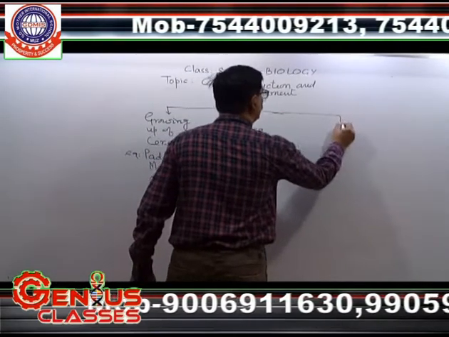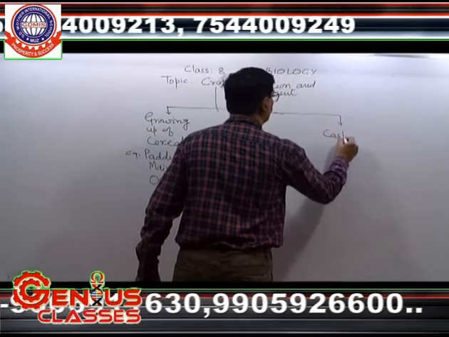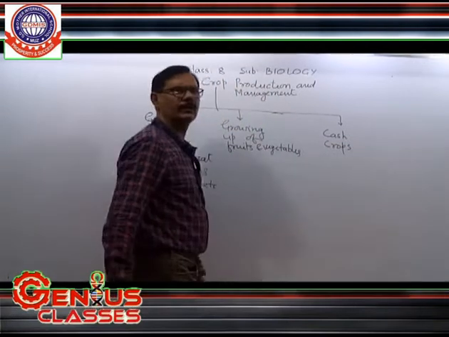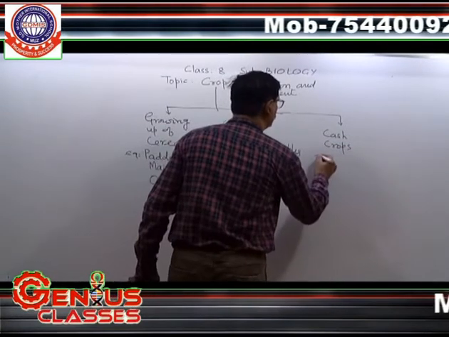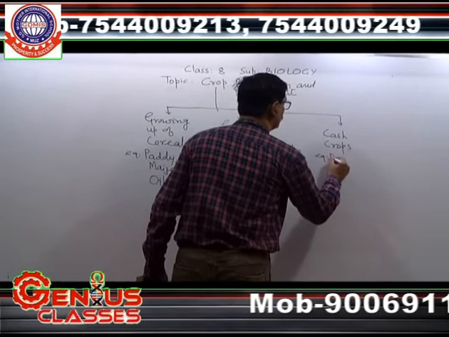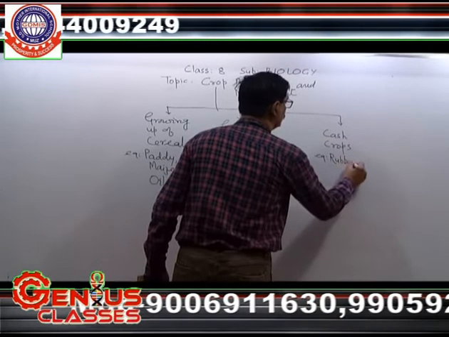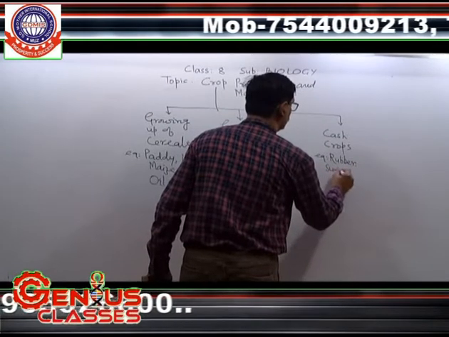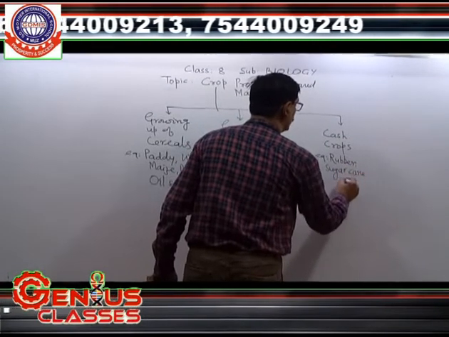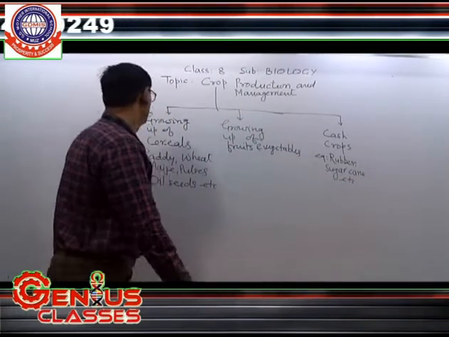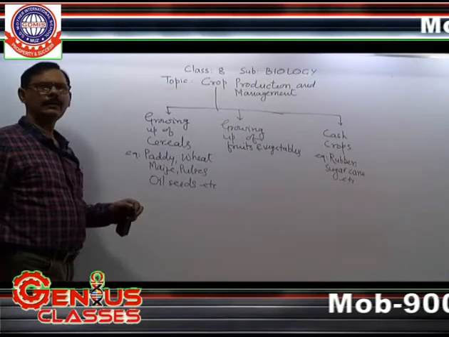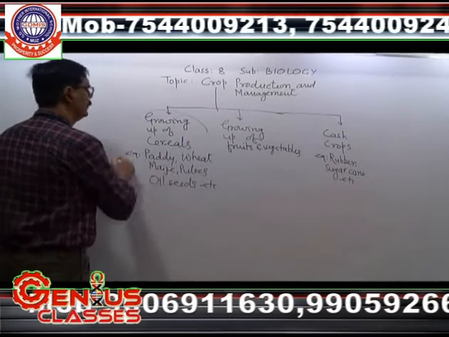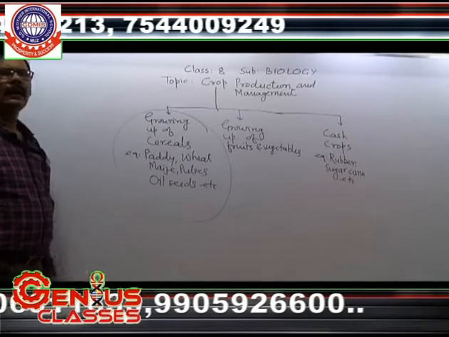Then we also grow some cash crops, which include rubber, sugarcane, etc. So right now we will be concentrating our understanding on the production and management of the cereals in this lesson.